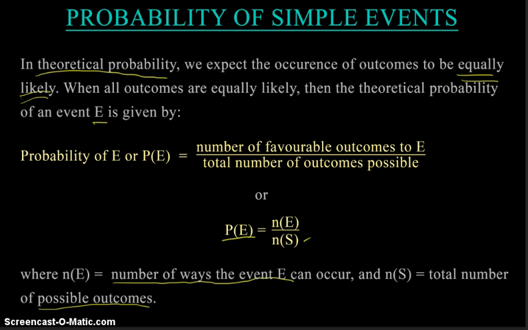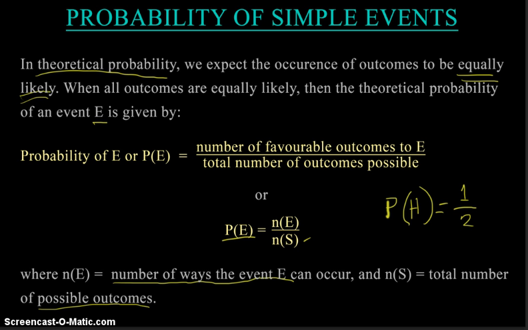So doon sa example natin kanina na tossing a coin, ang probability na head ang lumabas is equal to 1 over 2, or 1 by 2.